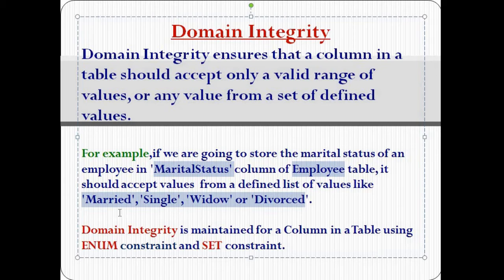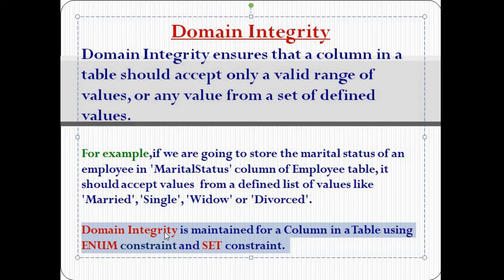Any other entries outside of these four shall not be acceptable for the column marital status. Now domain integrity can be maintained for a column in a table using the enum constraint and the set constraint.